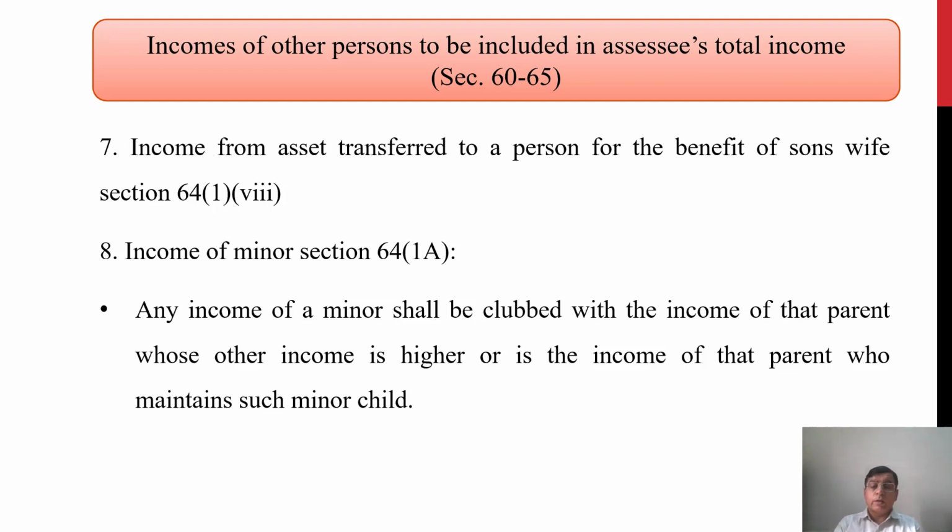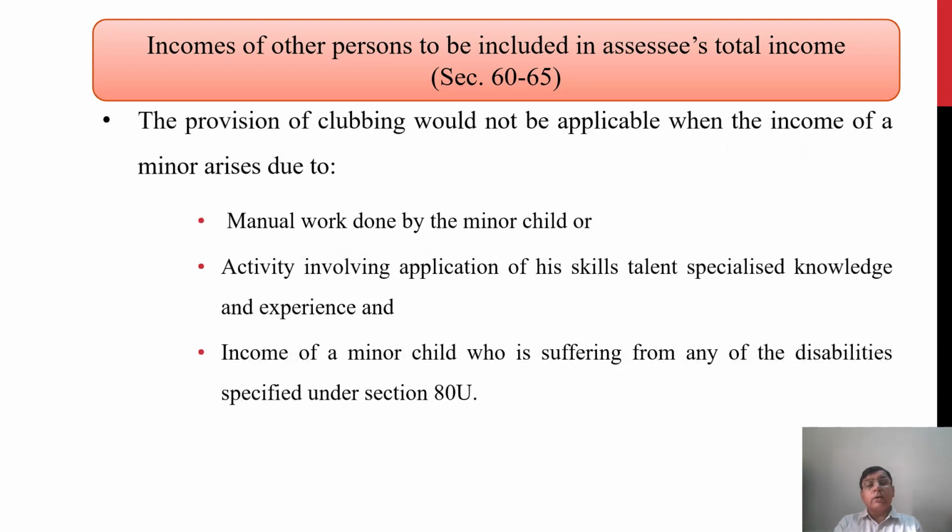But the provision of clubbing would not be applicable when the income of the minor arises due to manual work done by the minor child or activity involving application of his skills, knowledge, talent, specified knowledge and experience, or the income of a minor child suffering from any disability specified under section 80U.